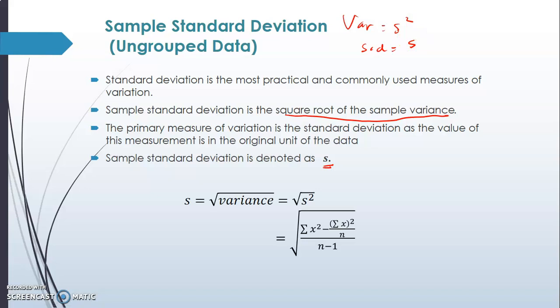Okay, so since standard deviation is the square root of sample variance, the formula of s is given by the square root of s power of 2. S power of 2 is our variance. Okay, and the formula inside the square root here is just the formula of variance.